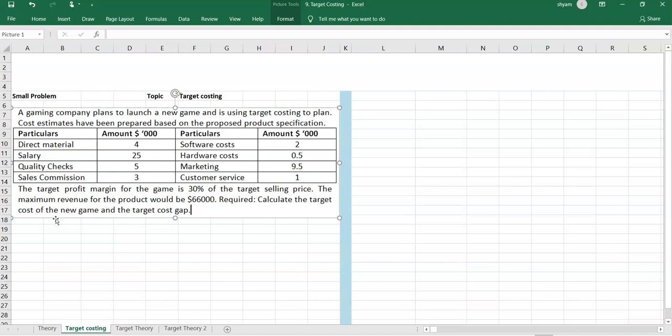Calculate the target cost of the new game and the target cost cap. So our first step is to arrive at the estimated selling price. So we'll start here.